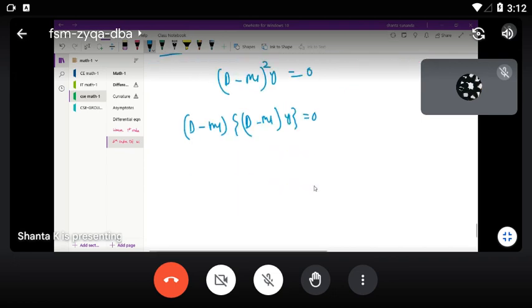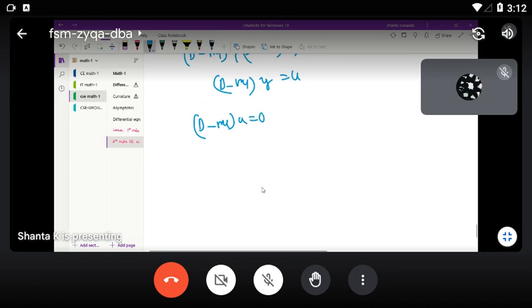You can consider (d minus m1) y as u, and then operate on this, (d minus m1) u equals 0. You can solve this one. It's a linear equation of first order. So if you want, you can write it as du by dx minus m1 u equals 0. So linear equation of first order.